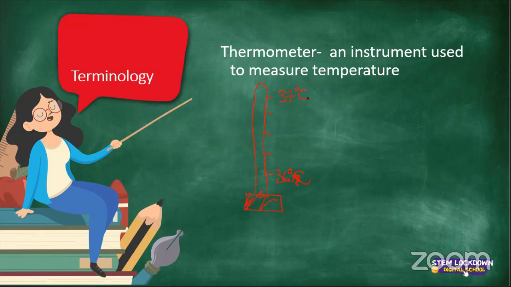Sometimes in the exam, they'll give you a thermometer and they'll say the reading goes up to that interval. Then they ask you what is the temperature reading for this thermometer, right?